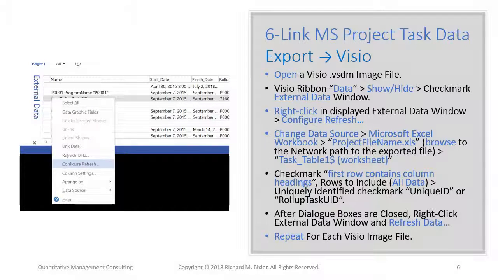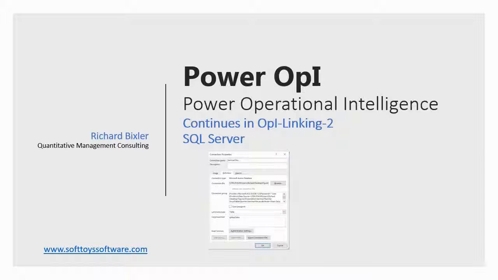When the dialog completes, in Visio right-click the external data window and choose Refresh Data. Then repeat for each Visio file that's been relocated and/or which should relink to a relocated task data export.xls file exported from MS Project. The OPI linking sequence continues in OPI linking Part 2 SQL Server.